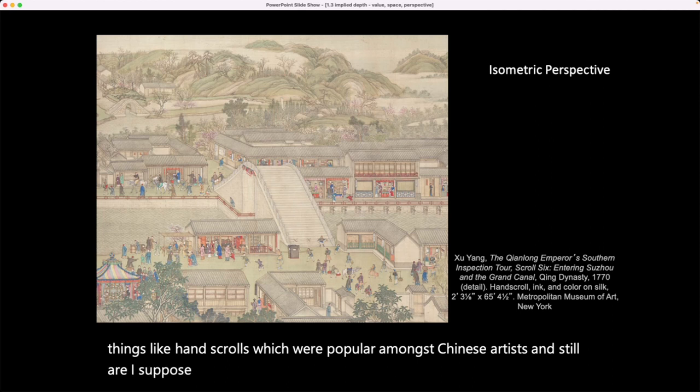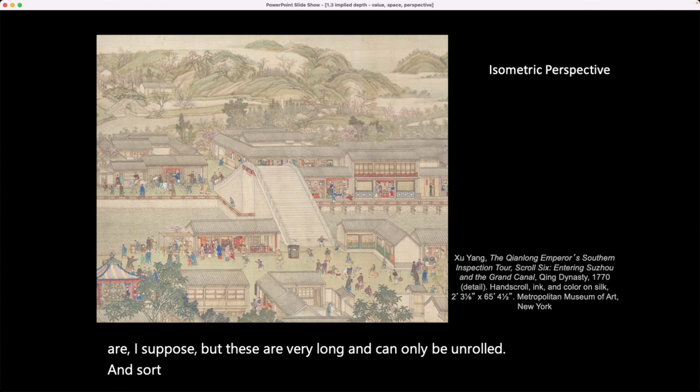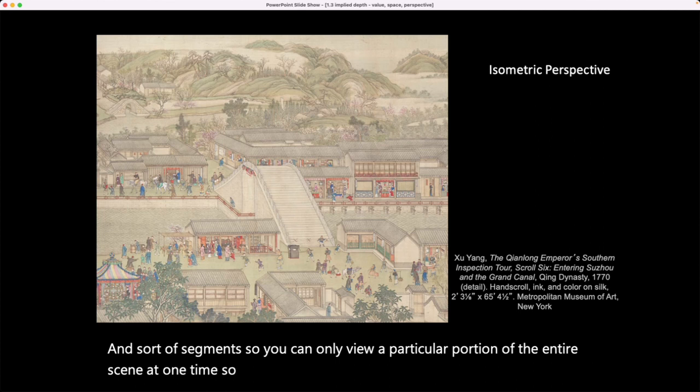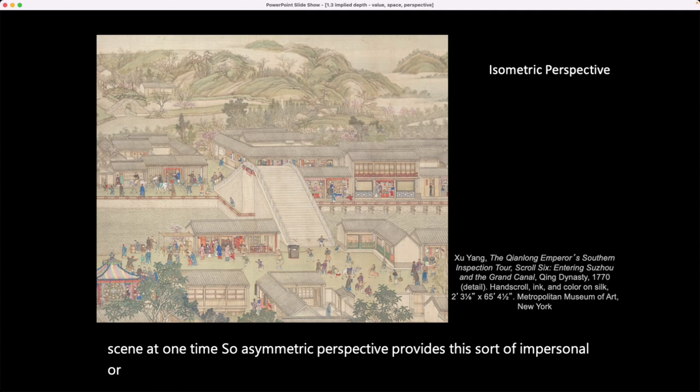But these are very long and can only be unrolled in sort of segments, so you can only view a particular portion of the entire scene at one time. So isometric perspective provides this sort of impersonal or mobile aerial view.